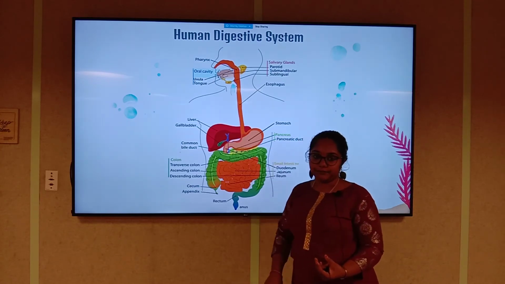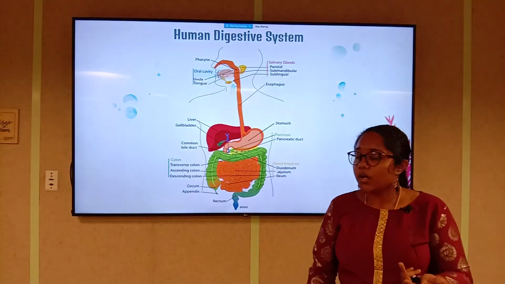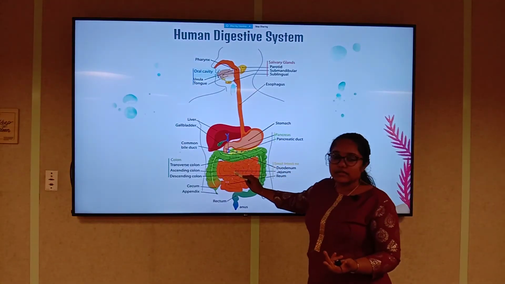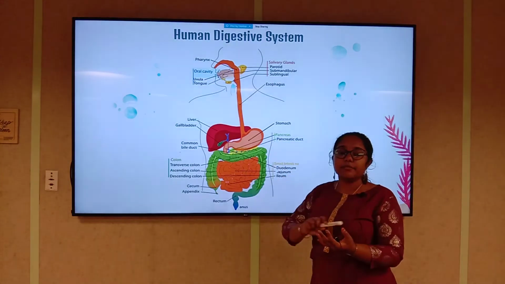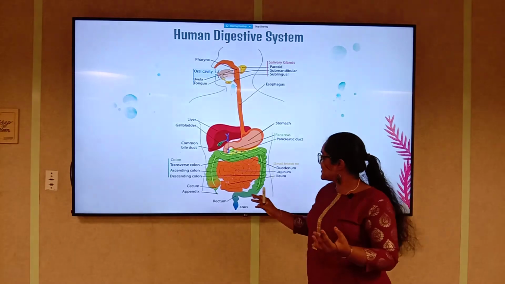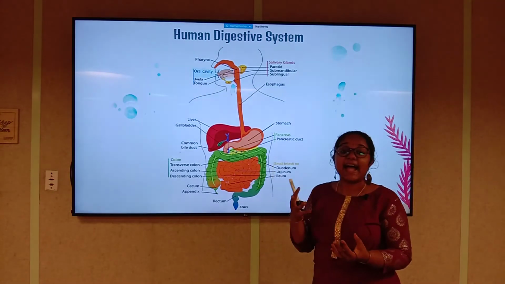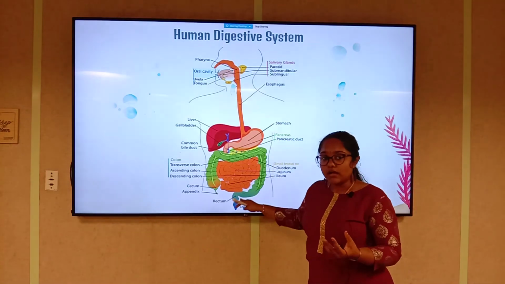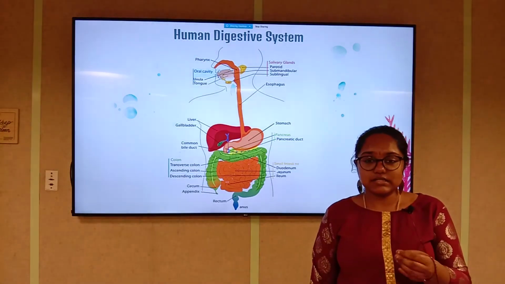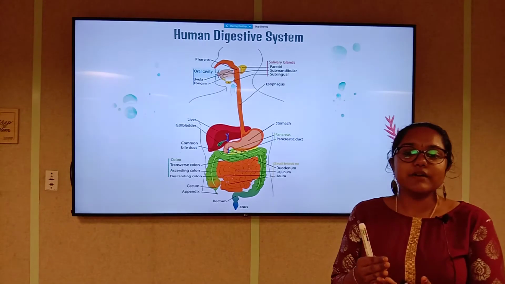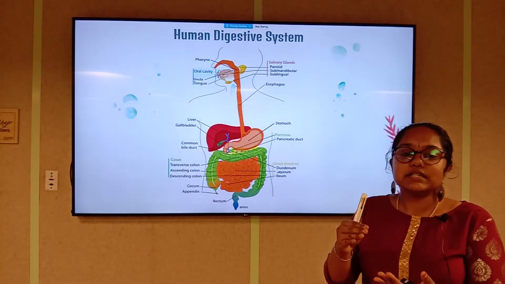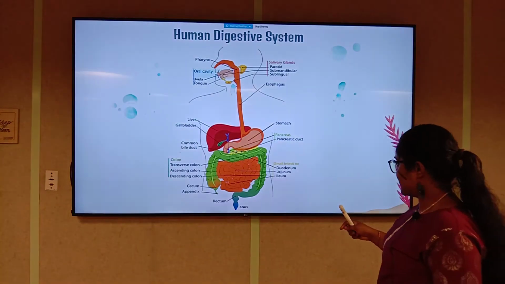Now that juice is stored in this globule-like structure called gallbladder, which enters into the small intestine through this pipe called bile duct. Now what does it do? When the chyme is entering the small intestine, the bile juice makes it alkaline, and whatever fat substances are present, it breaks into easily digestible fat substances.